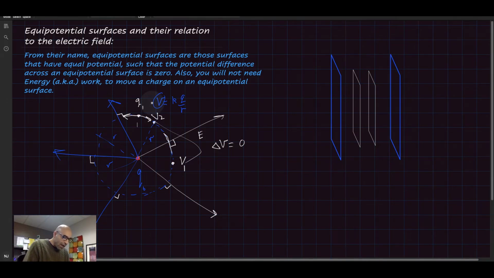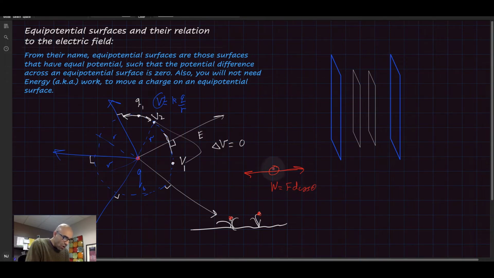If you're not sure about the equipotential surface, let's look at gravity. So this is Earth, and you have a ball here. If you move the ball this way or this way, you don't have to spend work. We know work is equal to F D cosine theta.